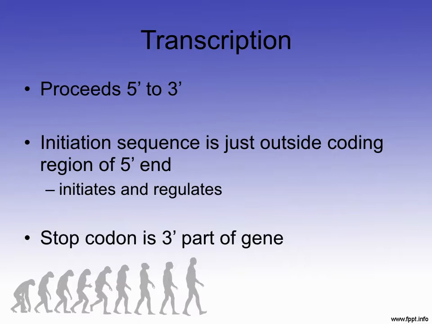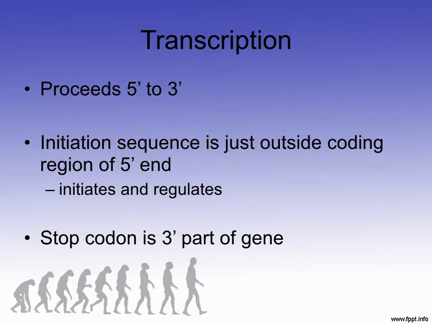So transcription, the process of reading DNA, the sequence of DNA within the gene, to become RNA, to be transcribed into a messenger RNA, which ultimately will then be translated into a protein, has a direction to it. It always goes one direction. There's a start and an end.